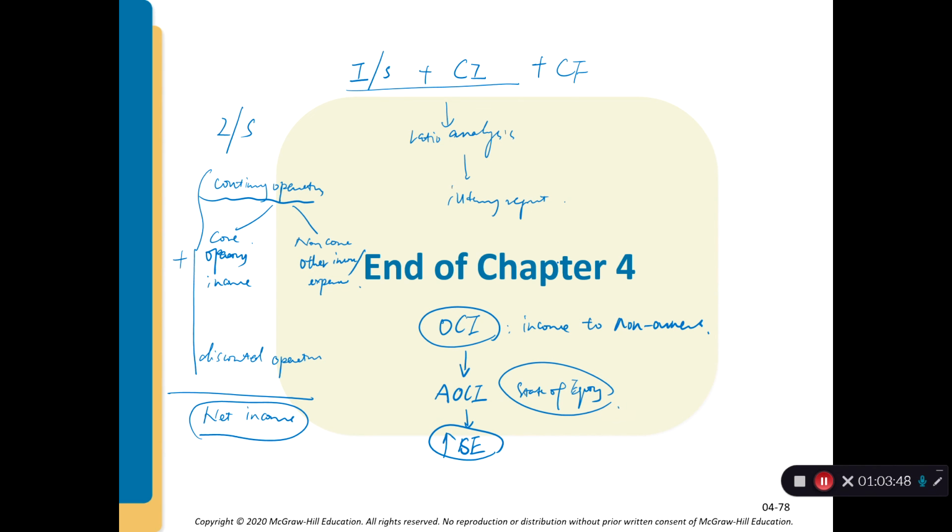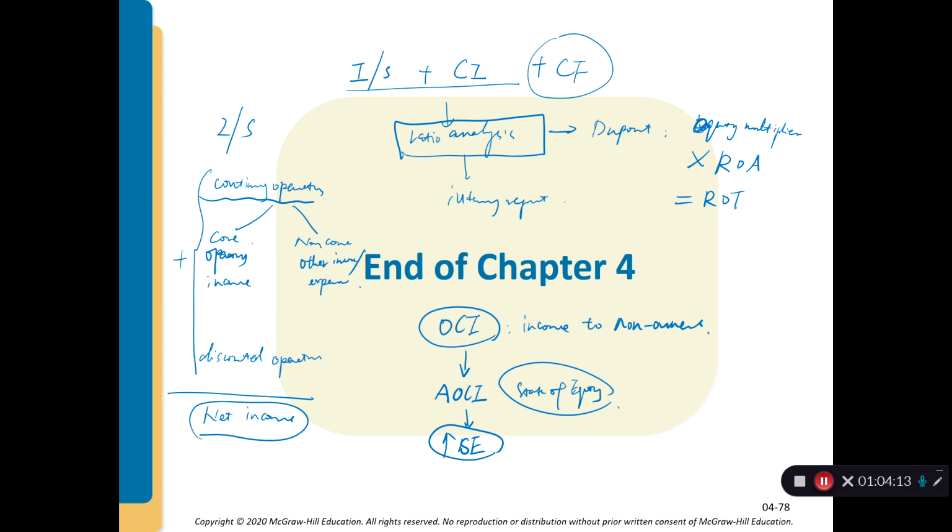And after that, we talked about the cash flow statement, and then we also revisited the ratio analysis. But the newest thing is the DuPont analysis, where we find that the leverage, which we call the equity multiplier, is going to multiply the return on assets to calculate the return on equity, and the equity multiplier measures the percentage of the resources coming from the debt holders, right?